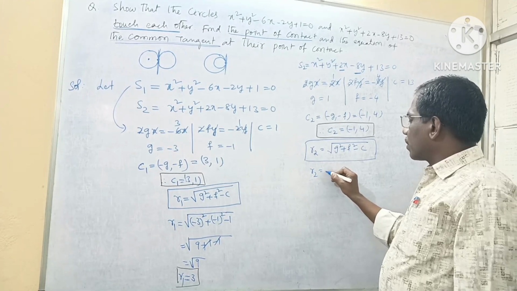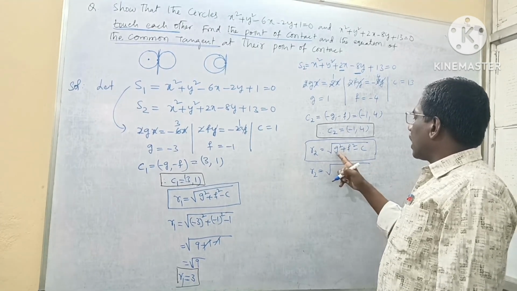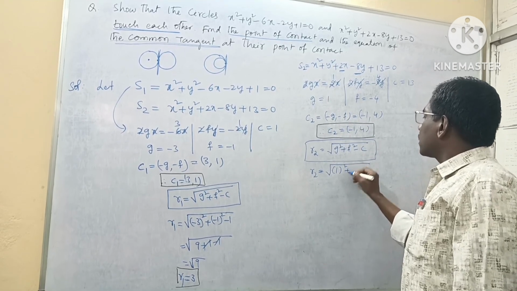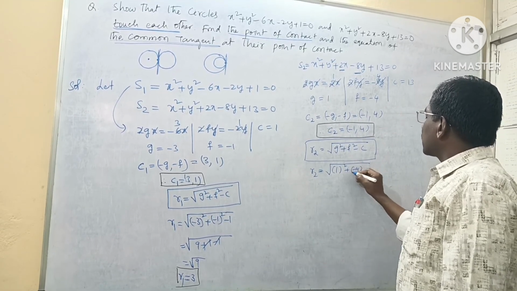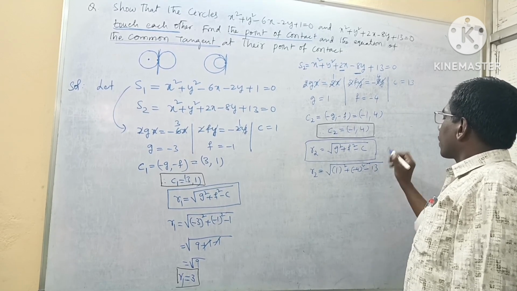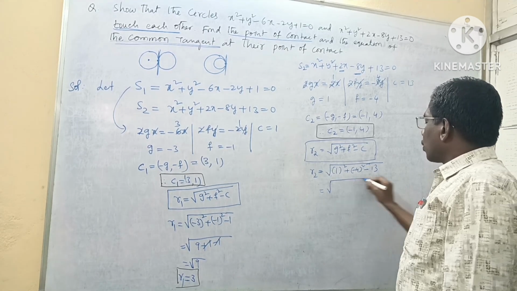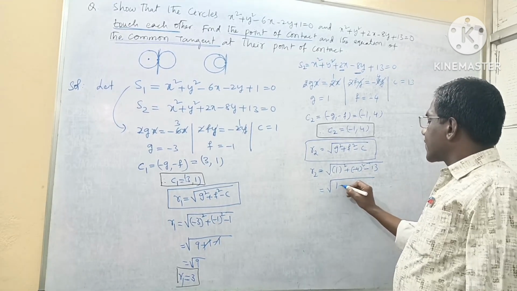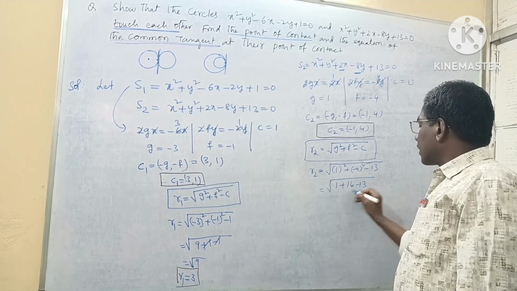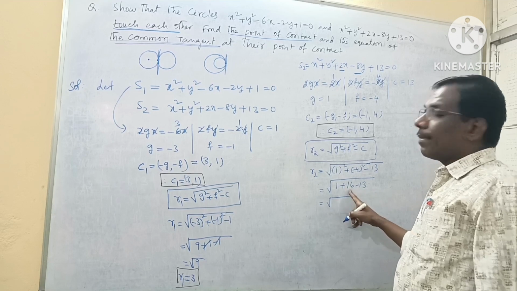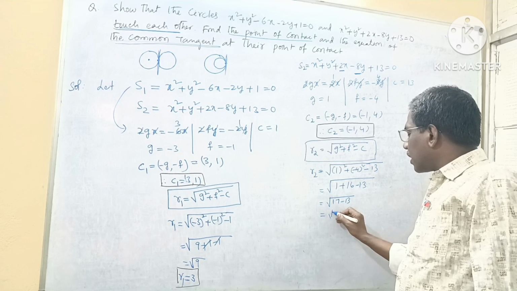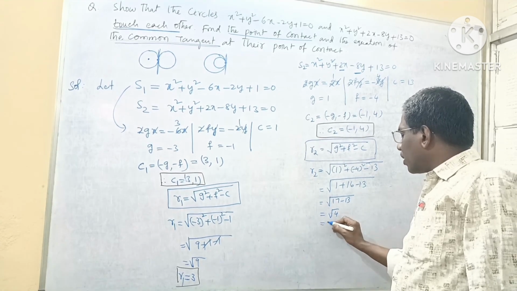R2 is equal to the square root of 1 square plus minus 4 whole square minus 13, which is 1 plus 16 minus 13. 17 minus 13 is 4, and the root of 4 is 2.